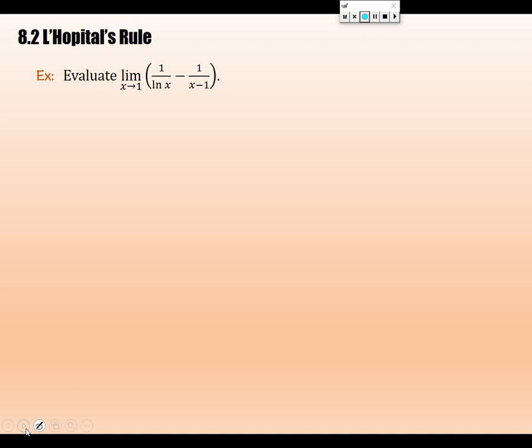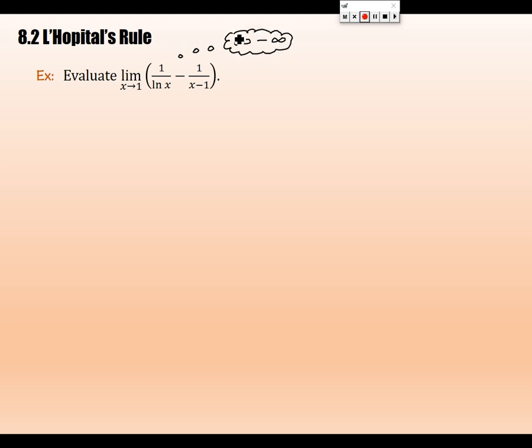Is this one infinity too? What's ln 1? Or I guess I should say, what's ln of 1.0001 or something? It's something very, very close to 0 and positive, so we'll get a positive infinity here. So this really is indeterminate in this form.